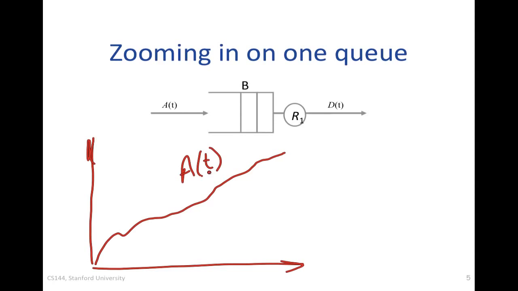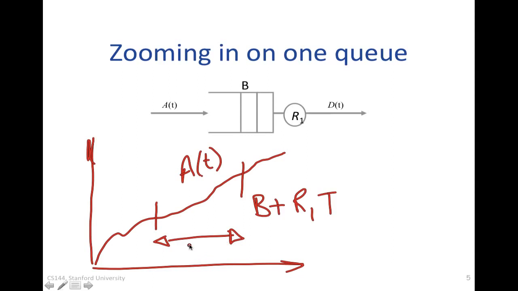And we're going to say that in any time interval, let's take a time interval like this, if we can guarantee that no more than b plus r1 times t bits arrive, where t is the time interval, then the buffer can't possibly overflow.